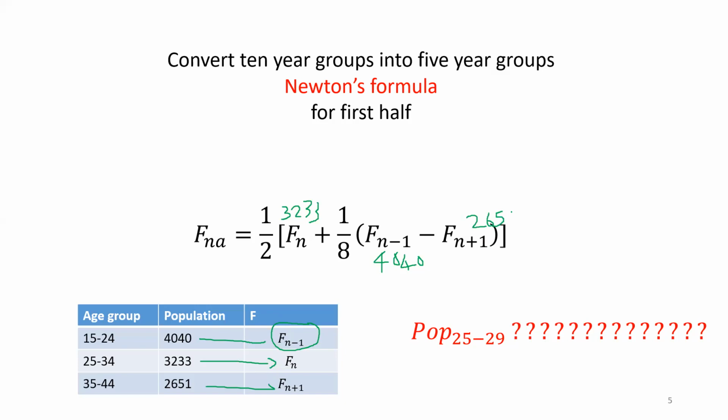Now you can simplify this equation. As the first step, you can simplify this bracket. That is 4,040 minus 2,651. The answer is 1,389.